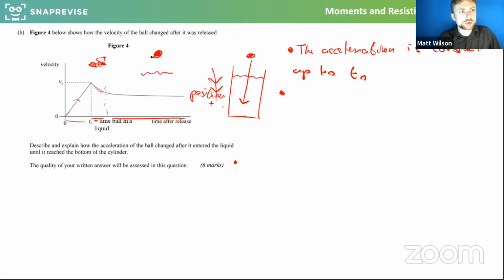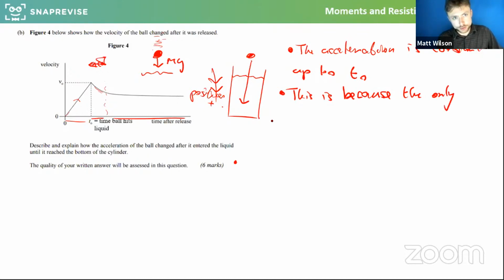Well, before we hit the water, what forces do we have? I guess this really means we can ignore drag. If there's a constant force, it must be that the only force here is the weight. So this is because the only relevant force is the weight.